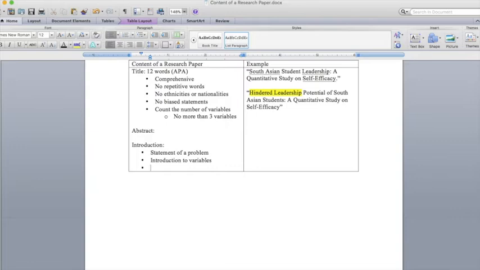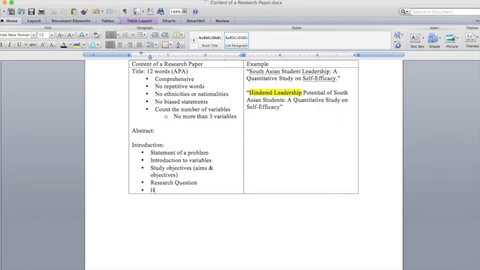The next one is the study objectives. Some people call it aims and objectives, okay? The next one is the research question. The next one is the hypothesis, okay? Extremely important things.